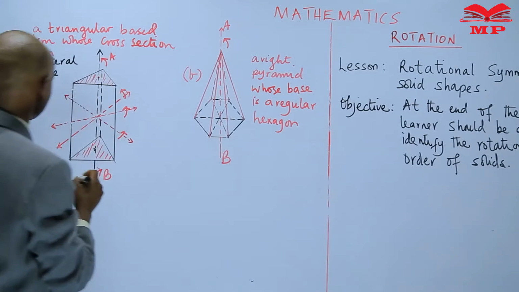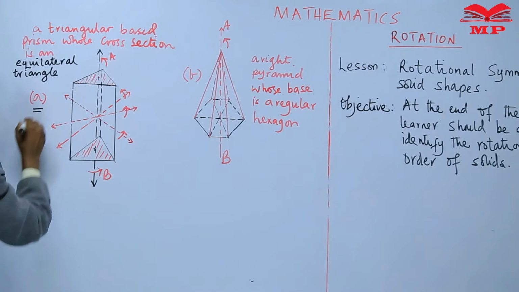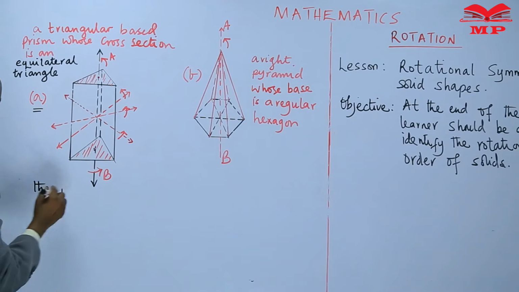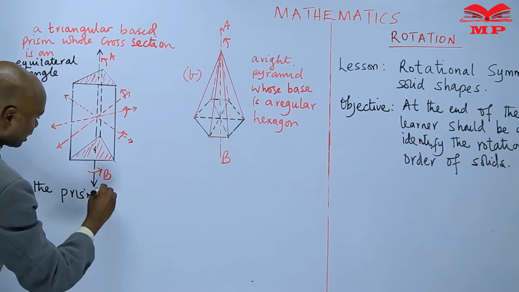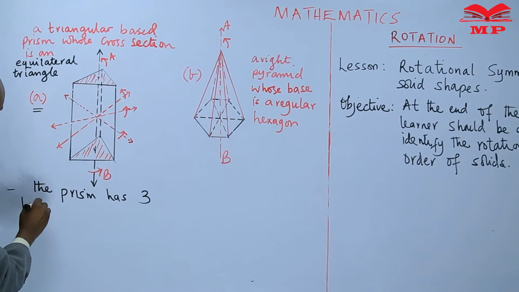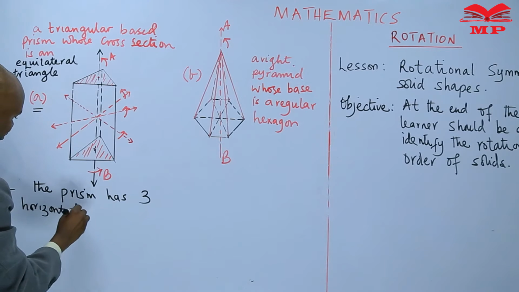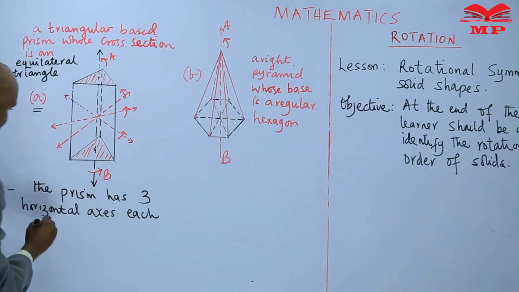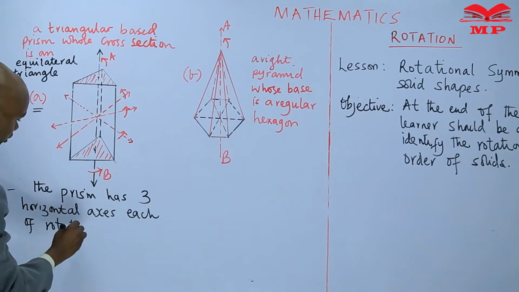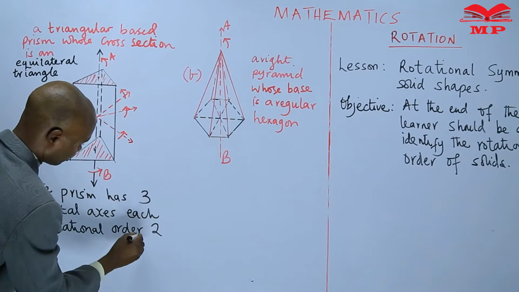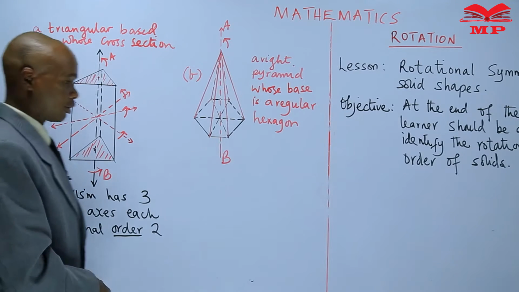So I can say in this figure, the prism has 3 horizontal axes, each of rotational symmetry order 2.